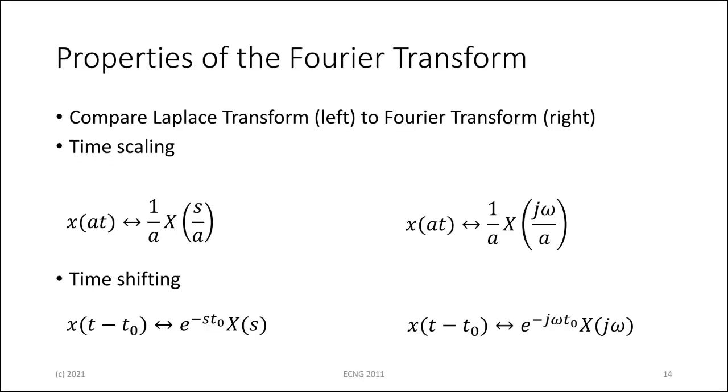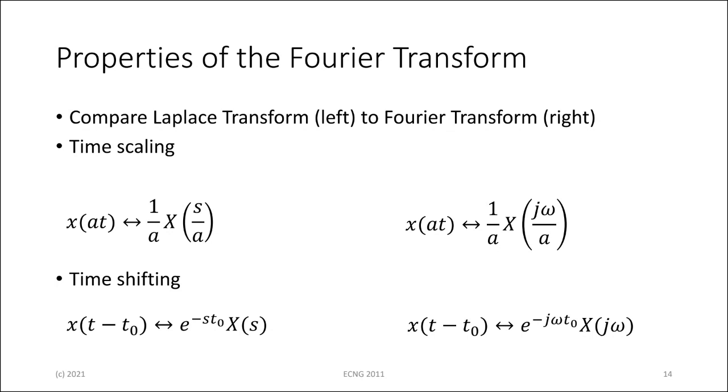Right, other properties, the Laplace transform on the left, the Fourier on the right. Time scaling, you remember we did some of that mechanically. So if you take a signal and you scale it by some factor A, we saw that depending on if A was a positive integer greater than 1, or if it was a fractional integer, then you would have either expansion or compression.